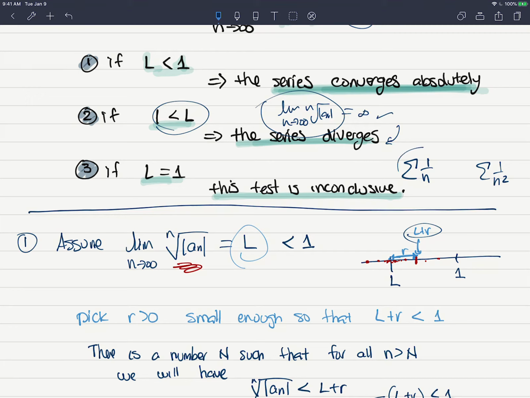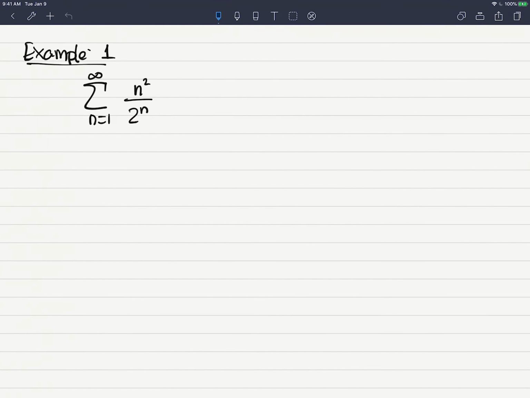So let's go to an example. My example is n squared over 2 to the n, and this is not a trivial example. It's not the first one that you would probably see in the book. It's a little bit more complicated, but it's not that hard. So I'm going to use the root test.